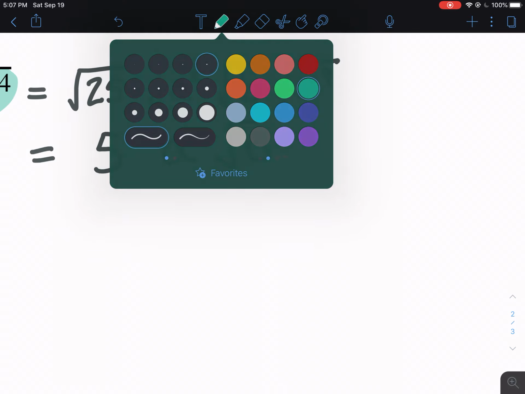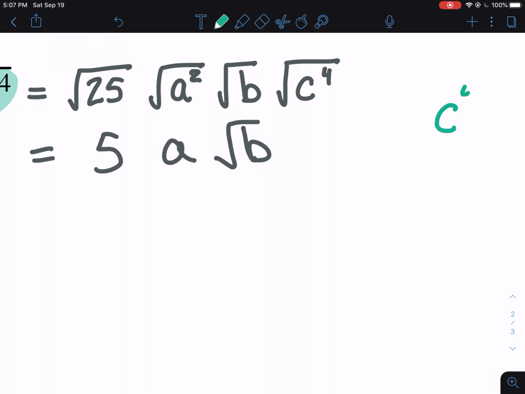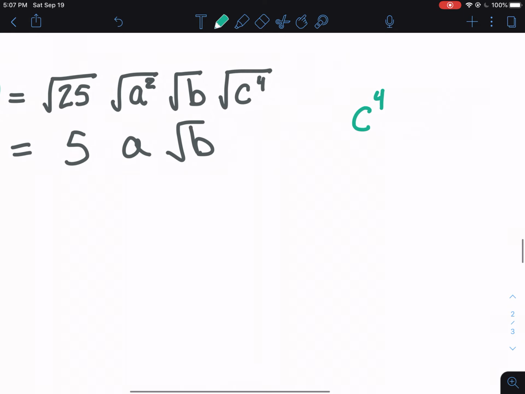You remember from your rules of exponents that c to the 4th power can also be rewritten as c to the 2nd power, squared.